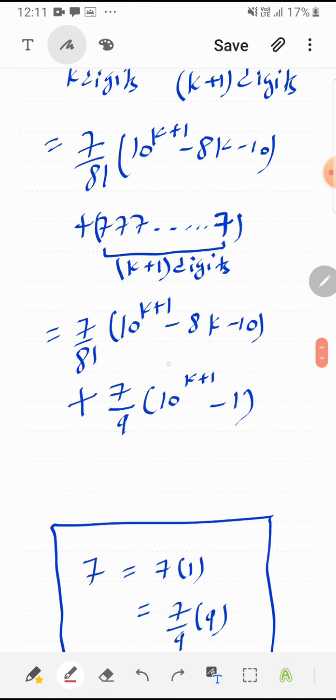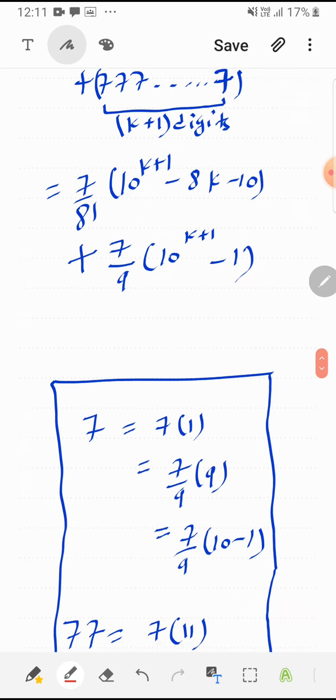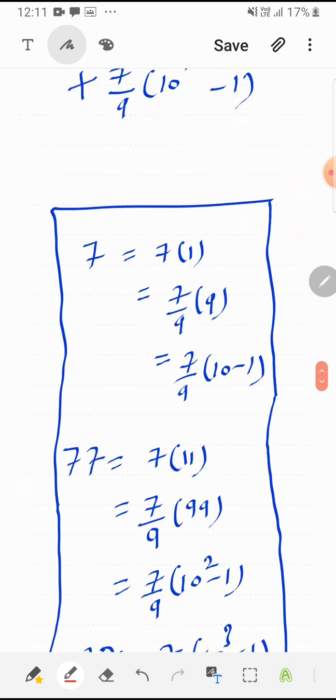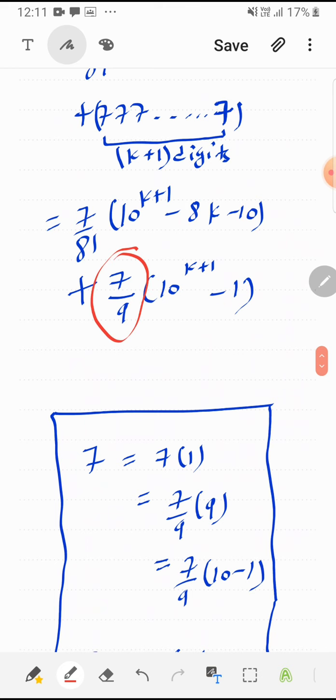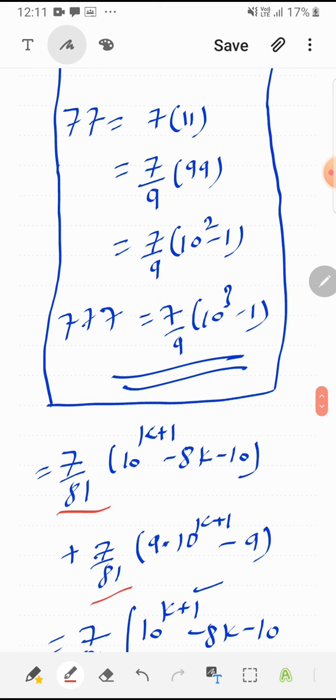So I am writing this term as 7 by 9. There were k plus 1 digits, so I am writing 10 raised to the power k plus 1. Now to make the calculation easier, I am multiplying and dividing this term by 9, so that I have 7 by 81 in both the terms, and I am taking this common.